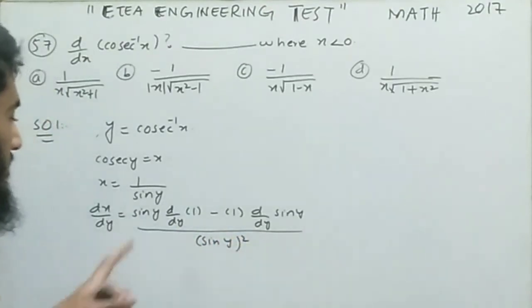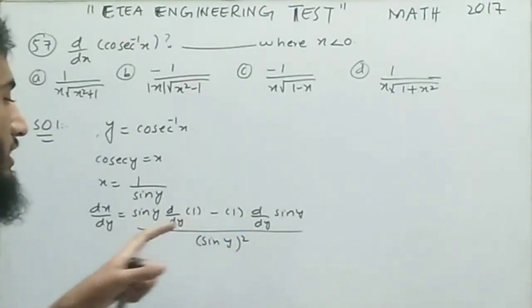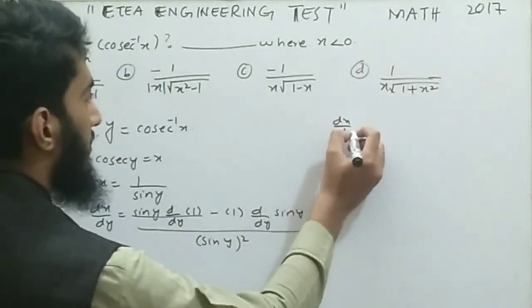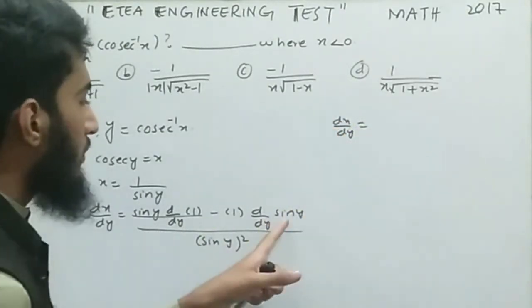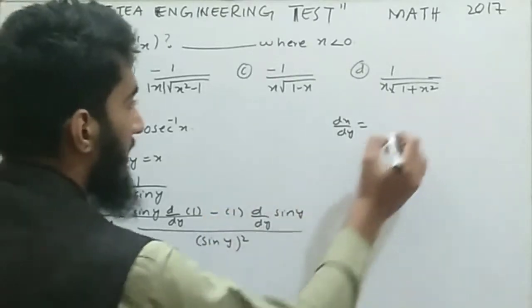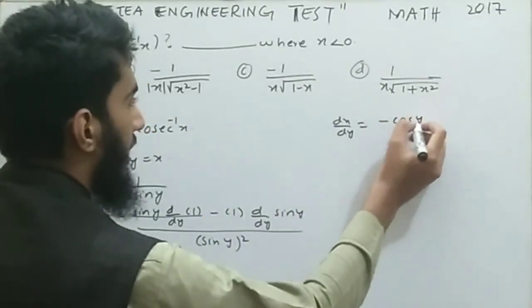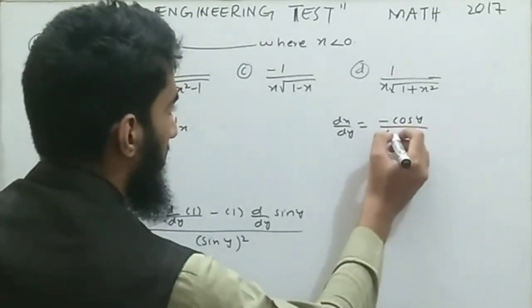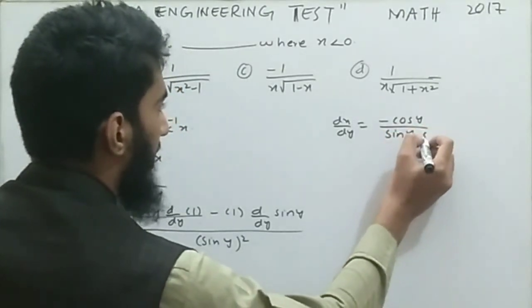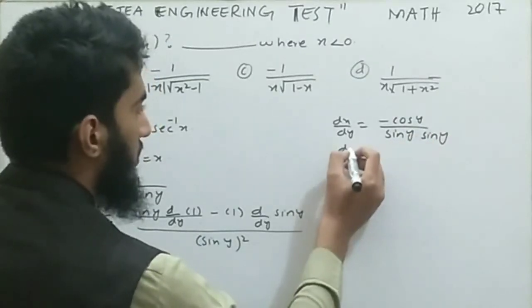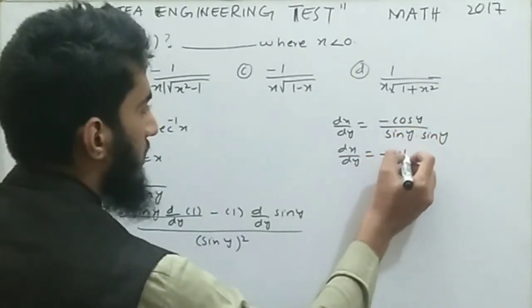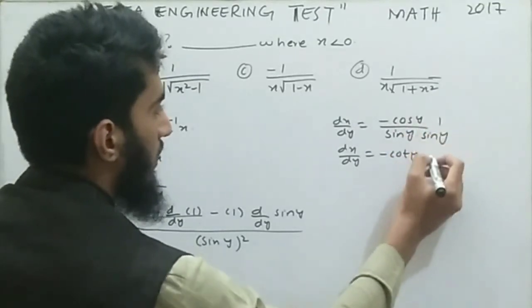Sine y into the derivative of a constant 1, which is 0, so that whole term will be 0. So the value of dx by dy will be: the derivative of sine y, you know, is cos y, so it becomes minus cos y divided by sin y whole square, which can be written as sin y into sin y. So dx by dy will be minus cos over sin, which gives us cotangent y, and 1 over sin y gives us cosecant y.